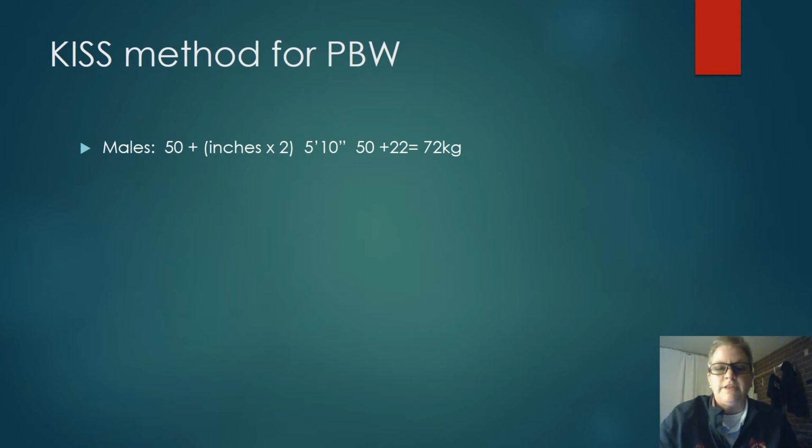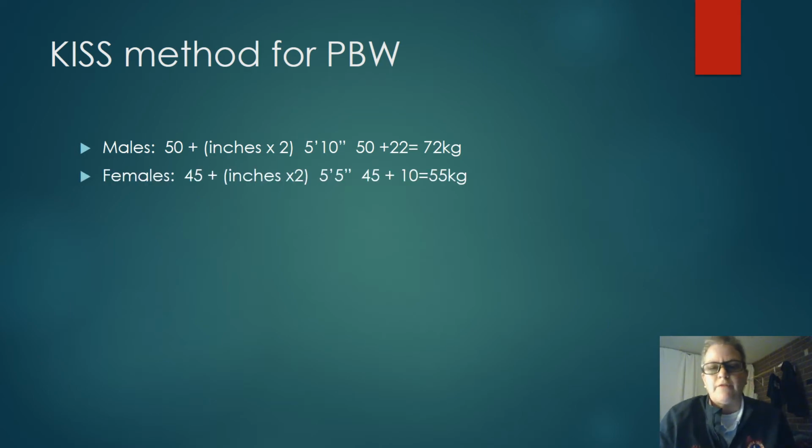So you can see that 5'10" patient, 50 kilos for the 5 foot, and 2 times the 10 instead of the 2.3, and that would be 72 kilos. Same for the females. Instead of the 45.5 and the 2.3, let's just take those off. So 5'5" would be 45, plus the 5 times 2 for the inches would be a 55 kilo patient.